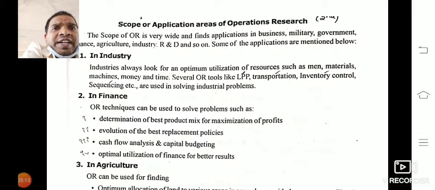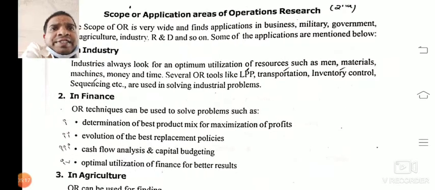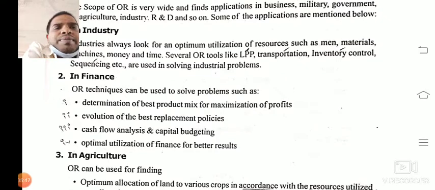The second application is in finance. Here we use the OR technique to determine the best product mix for maximization of profit, evaluation of best replacement policies, cash flow analysis, capital budgeting, and optimal utilization of finance for better results.